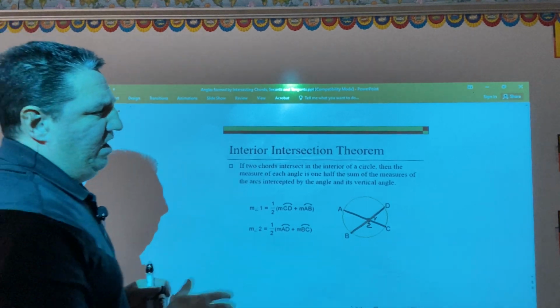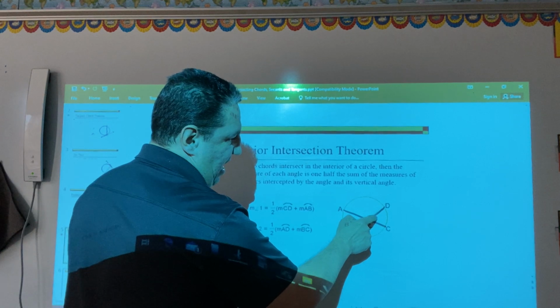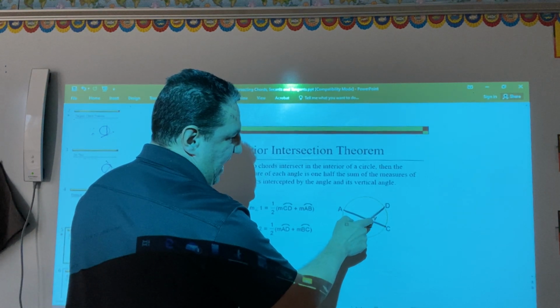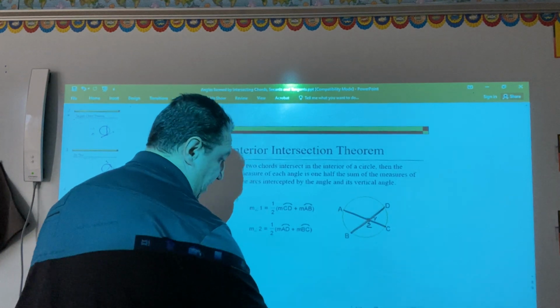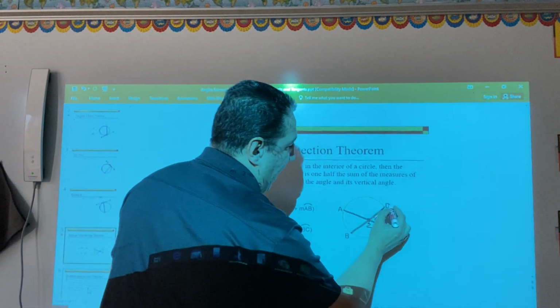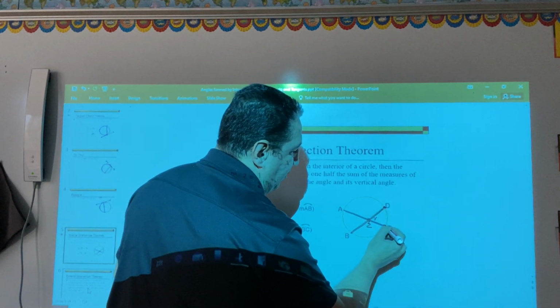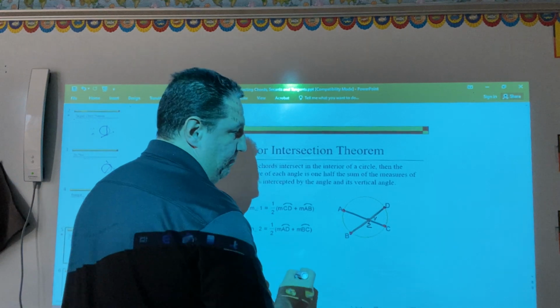In fact, if you look at angle 1, the sides of angle 1 intersect our circle at these four points, D and C, A and B.